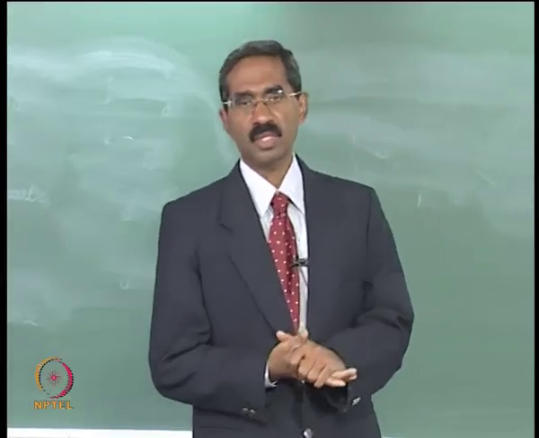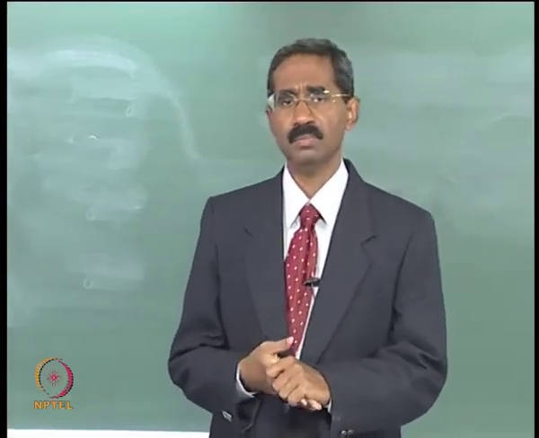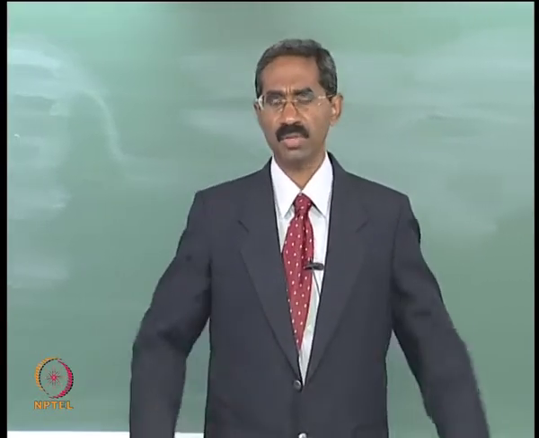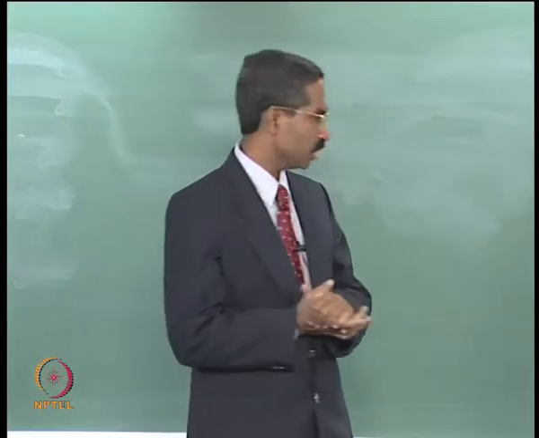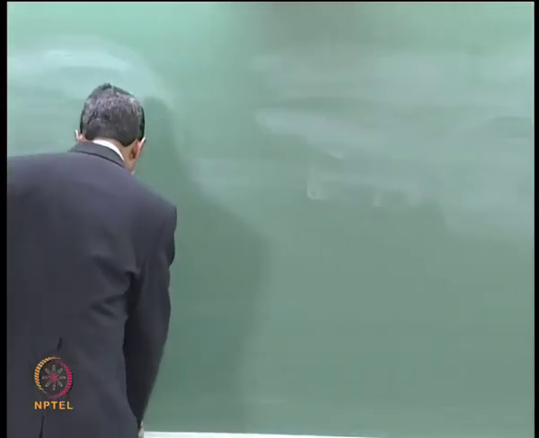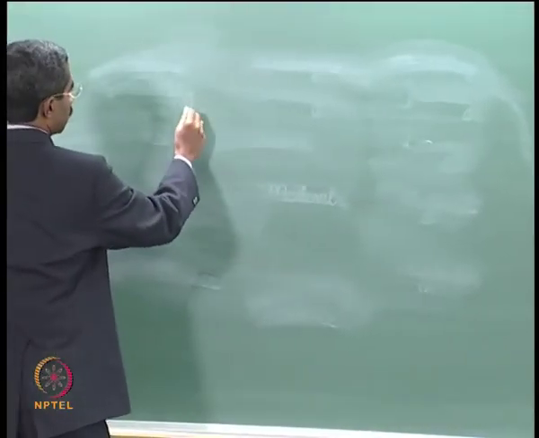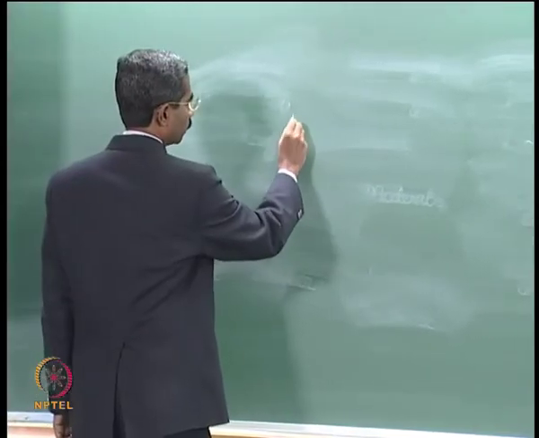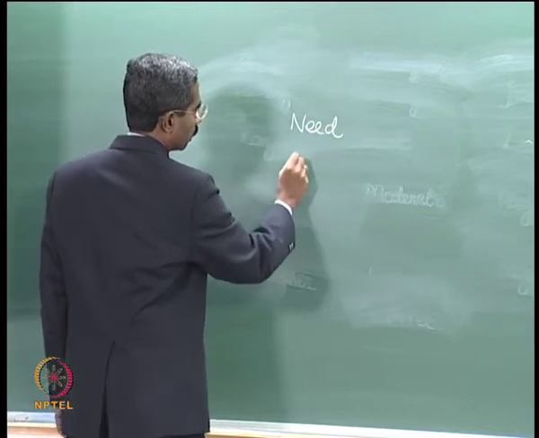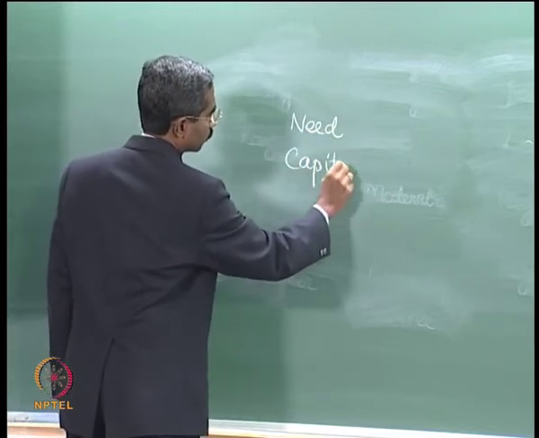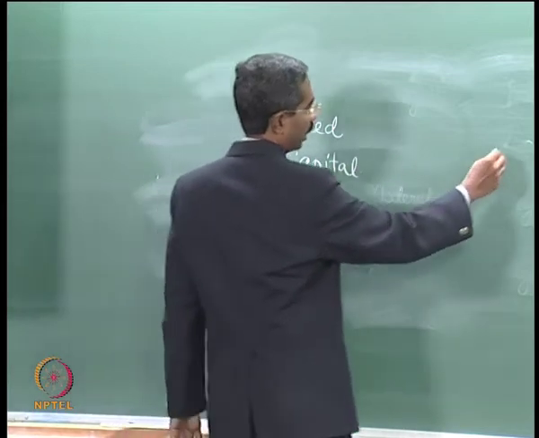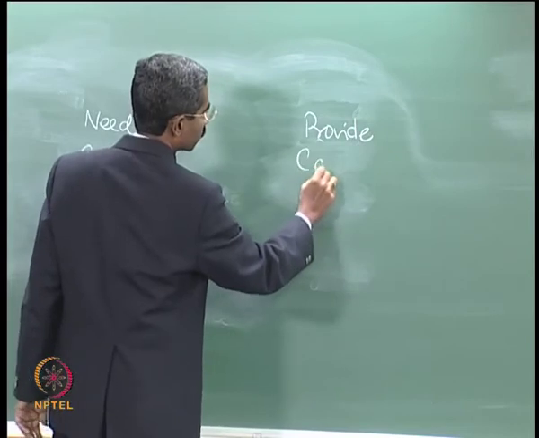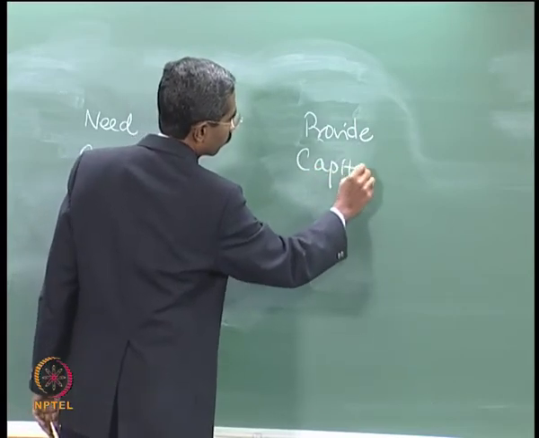The topic of today's lecture is financial intermediation. We first have to understand what financial intermediation is. If you look at the financial markets, the capital markets, on one hand we have those who need capital, and on the other hand we have people with a surplus of funds, who provide capital.